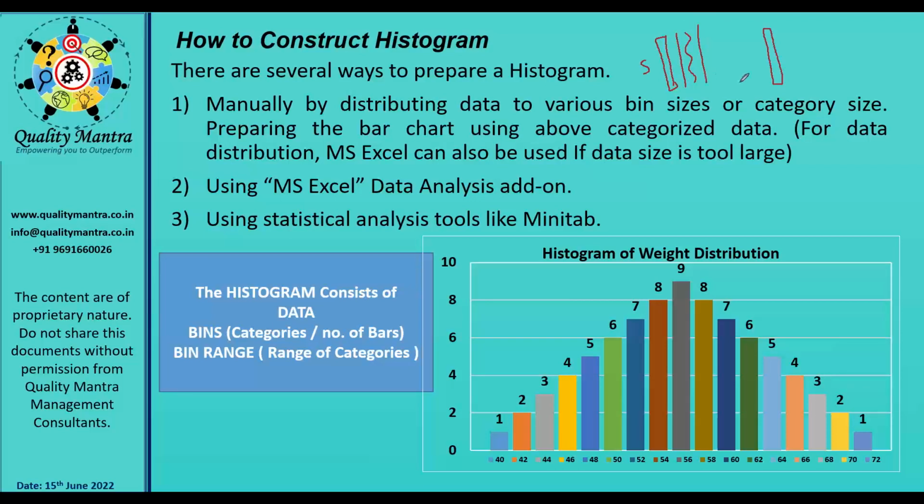Some people will drive like this, so their control limit is different. So control limit is calculated from the data of actual performance of your process, how you are behaving, how you are performing. And specification limit comes from the customer, comes from the design, comes from the standards.